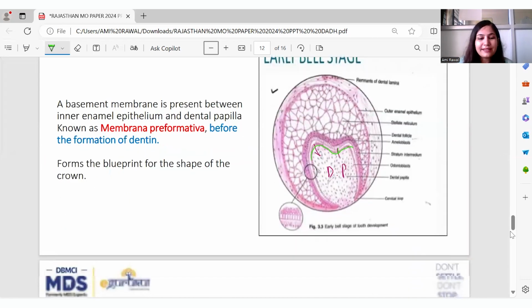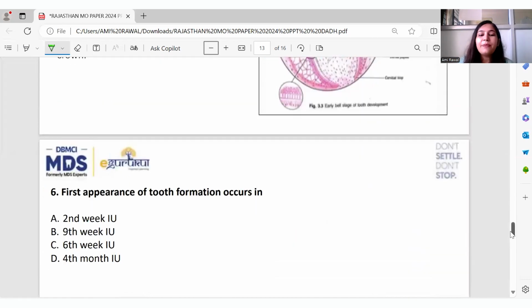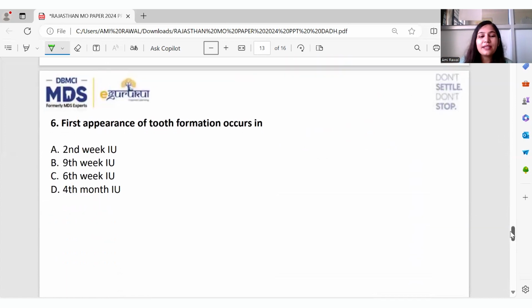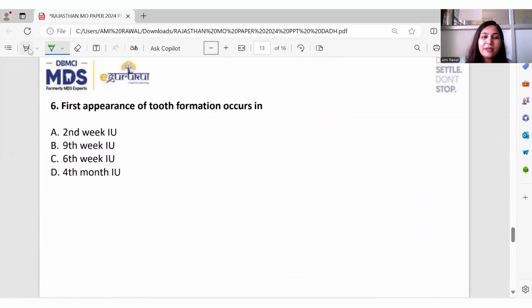Now coming to our next question. First appearance of tooth formation occurs in, so this is a very basic question, 6th week of intrauterine life or 4th month? No, not 4th month. It is 6th week of intrauterine life. Why 6th week?